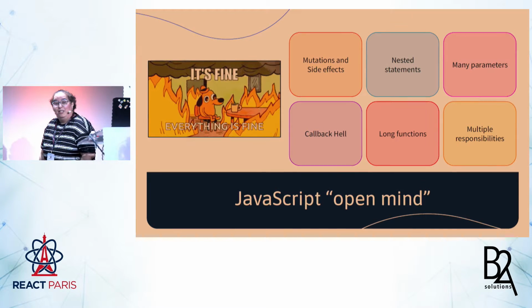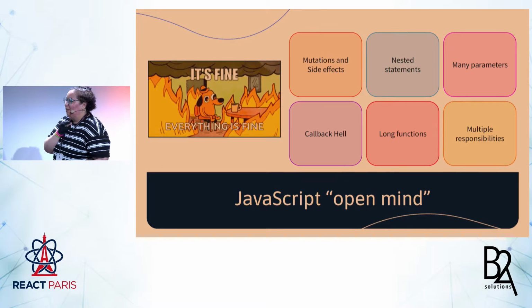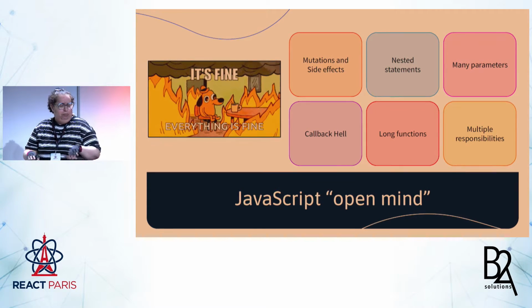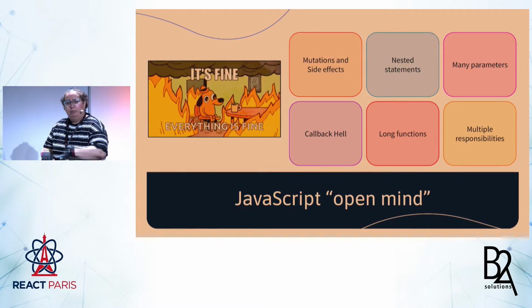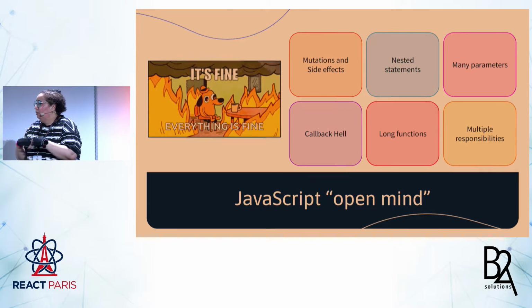Then the other part of the KU is the JavaScript open mind. JavaScript looks at us: if we do mutability, it's fine, it works. If we do side effects, it's fine, it works. If we have KU code, it works.